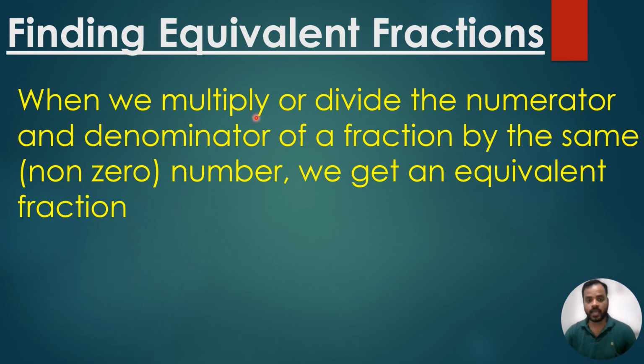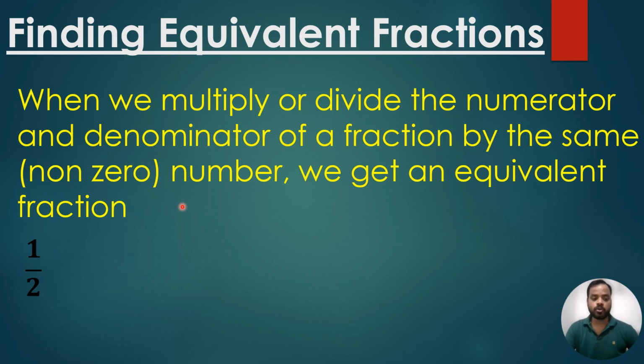We can multiply or we can divide the numerator and the denominator of a fraction by the same number. Means when the numerator and the denominator of a fraction are multiplied or divided by the same number, we get an equivalent fraction. So let us understand.